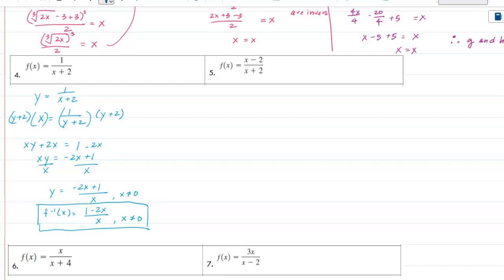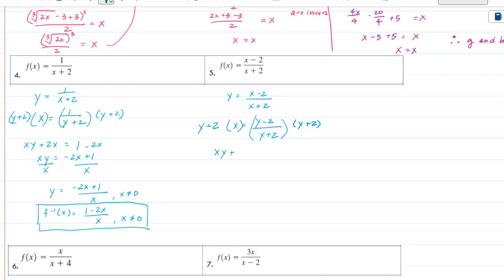Okay, so y equals x minus 2 over x plus 2. Switch the x's and y's. I'm going to multiply by the denominator once again.